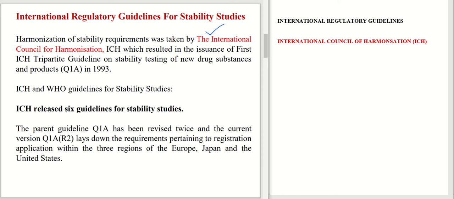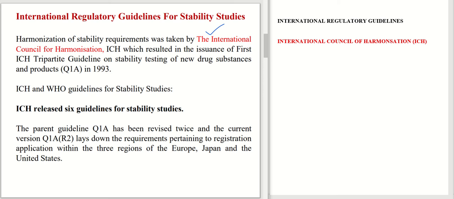What is the purpose of having those guidelines or the protocols? Because, as we all know, different regions or different continents have specific climatic conditions. So based on this, most of our countries are divided based on the climatic zones.